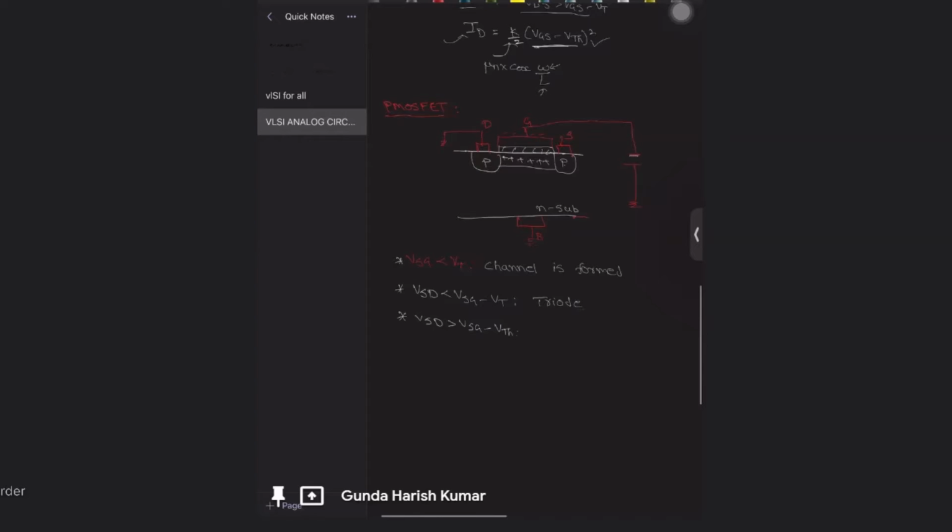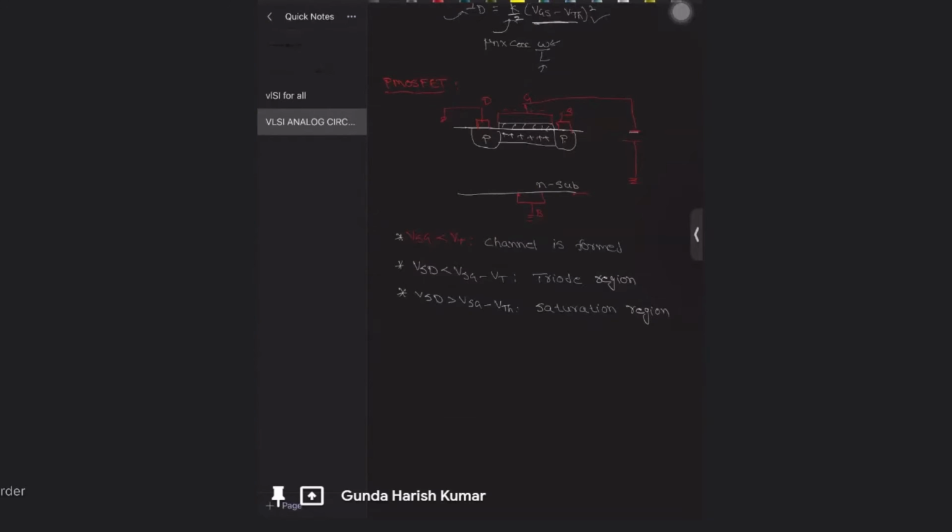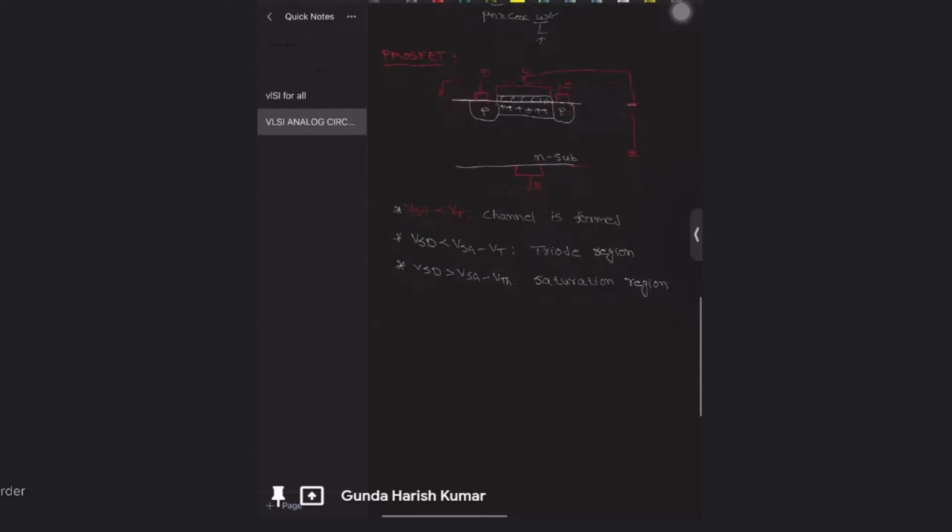In the same way, if VSD is greater than VSG minus VT, it is in the saturation region of operation. In the PMOSFET, generally the polarities and the equations are reversed. If you do an example, we'll get an idea. I'll tell you an example.